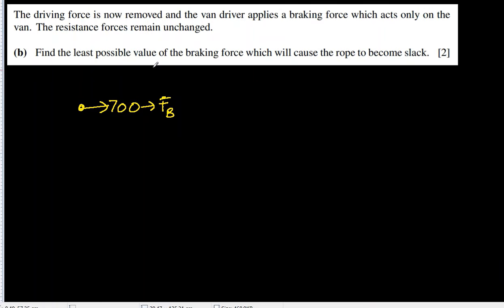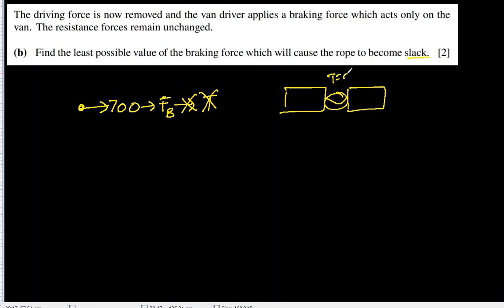The resistance forces remain unchanged. Find the least possible value of the braking force which will cause the rope to become slack. That means there is no third force of tension anymore, because the rope between the van and the trailer is slack.